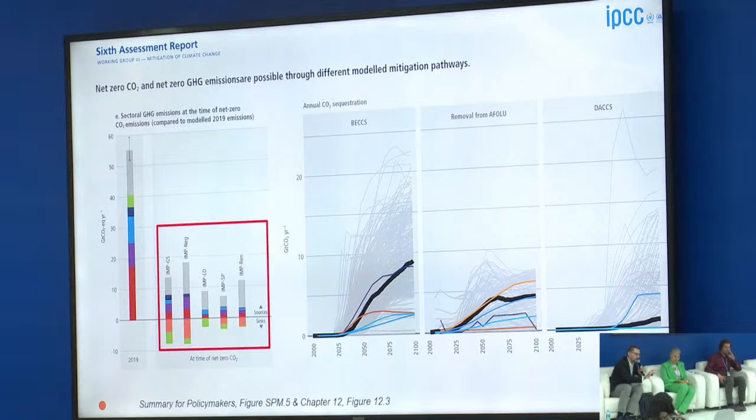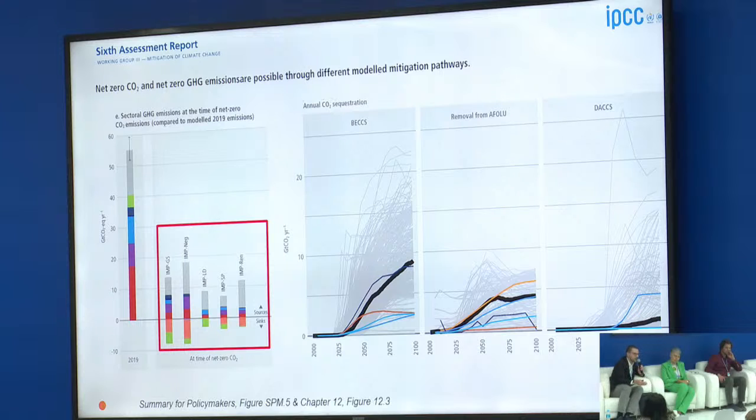Again, important to see the gray area is the non-CO2 that comes on top. On the right hand, you see for BECCS, bioenergy with CCS, DACCS, and net removals from agriculture, forestry, and land use, what the scenarios, the integrated assessment model scenarios show. But you should not overinterpret these numbers because it's not a statistically controlled database.